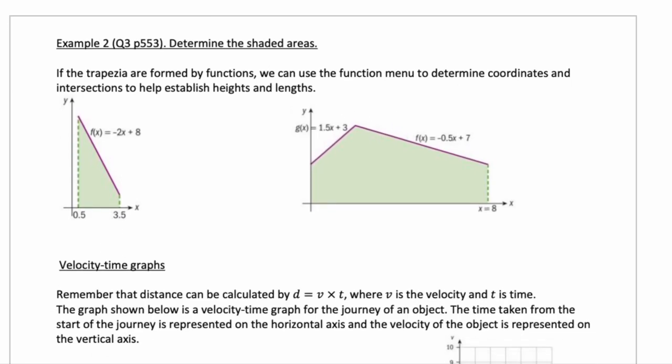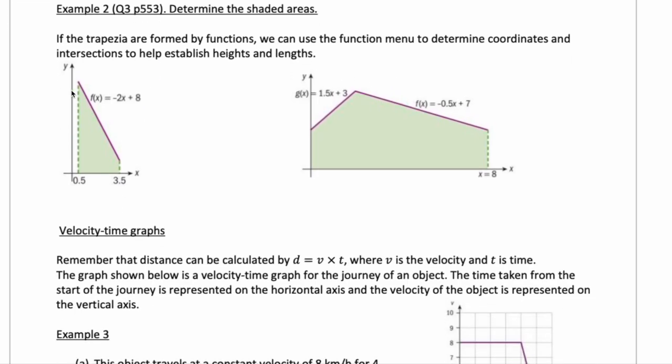Now we're going to be looking at some functions during calculus. So here's a function, and these are the parallel sides. This is the height down here. It looks like it's 3. We need to find the lengths of the parallel sides, and since we have a function, we can get the y value by substituting in 3.5, for instance. That's negative 2 times 3.5 plus 8. That's negative 7 plus 8, which is 1.